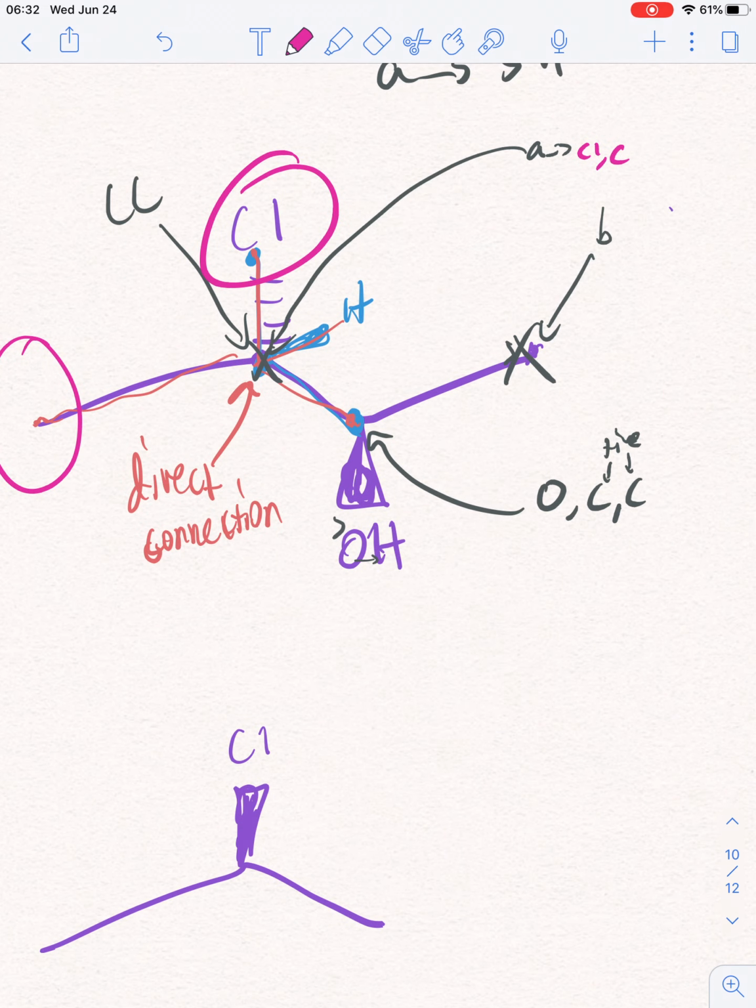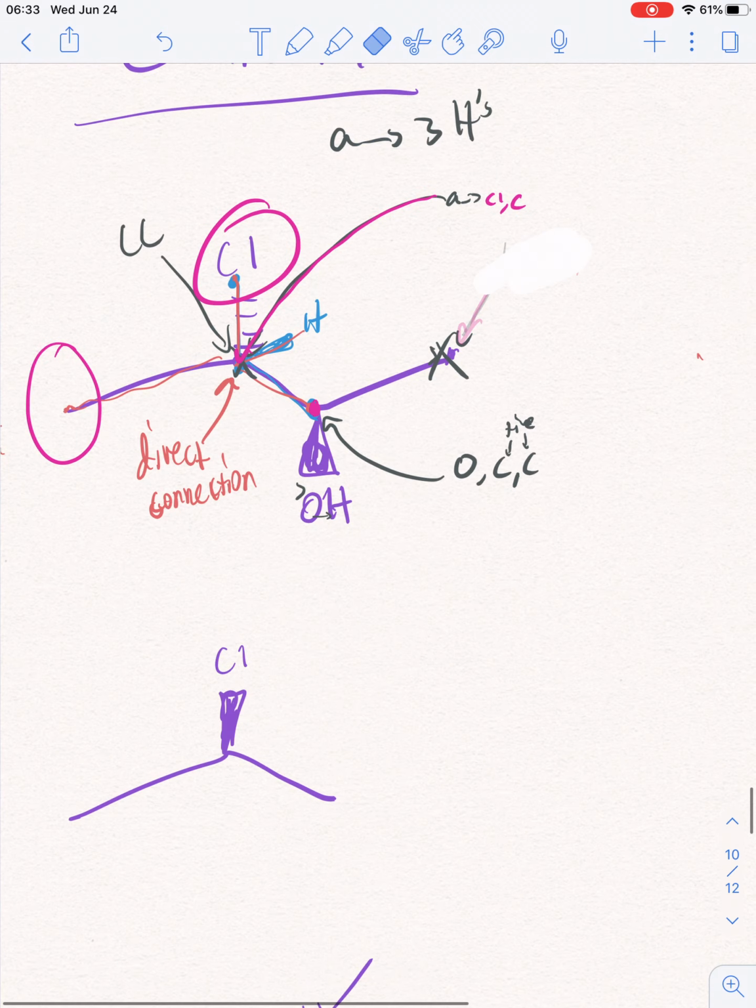B is directly connected to three hydrogens. Sorry. So now we know this carbon is a chiral center because carbon A and carbon B are attached to different things.